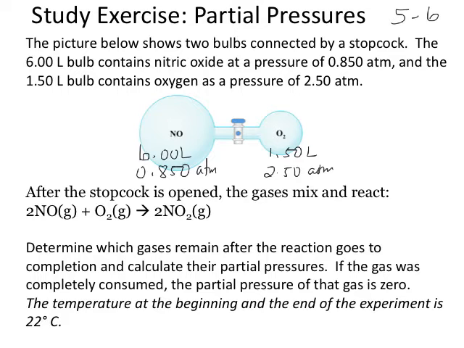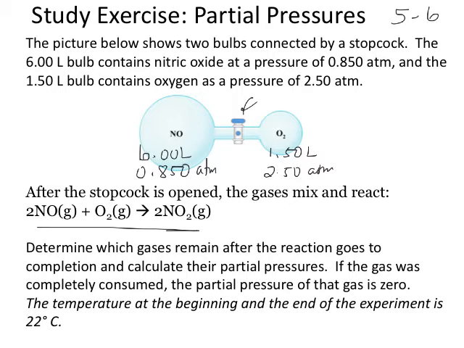Now, then the stopcock is going to be opened. And the gases are going to mix, and then you're going to get this chemical equation. Because when the nitric oxide reacts with the oxygen, a new gas is going to be formed, and it's going to be called nitrogen dioxide, which I think might be laughing gas.